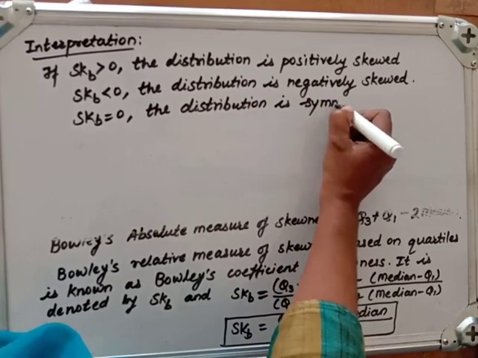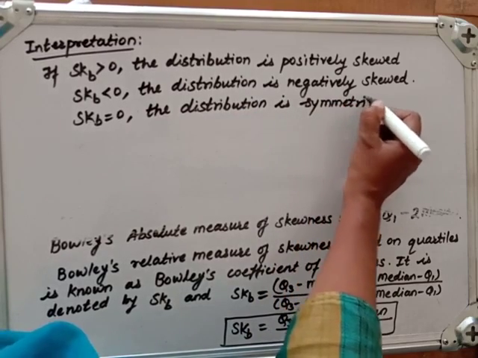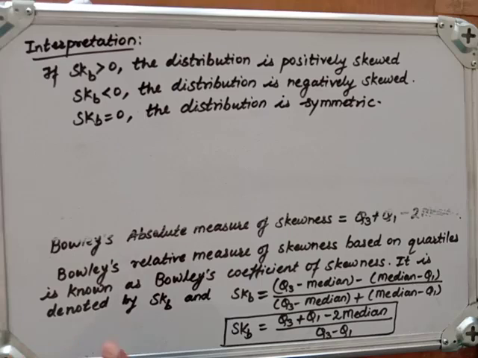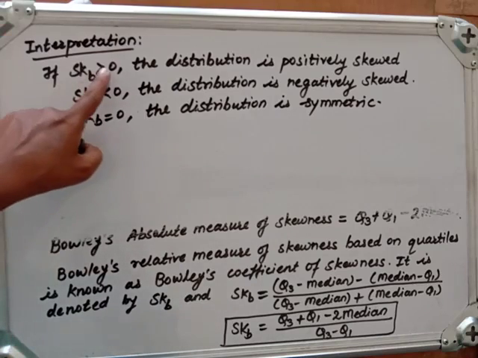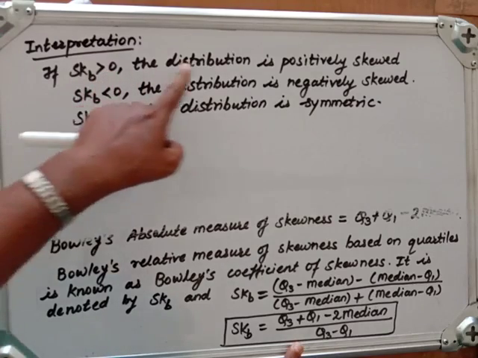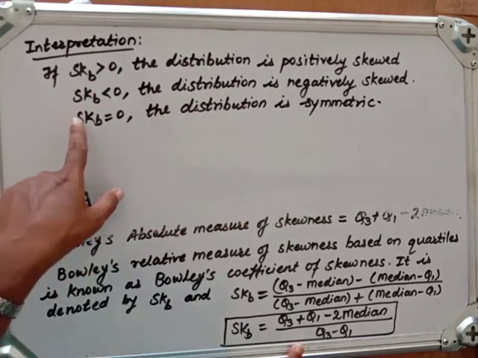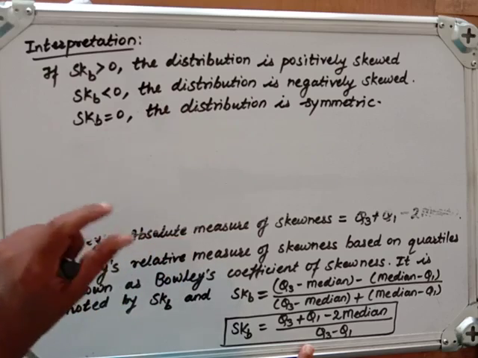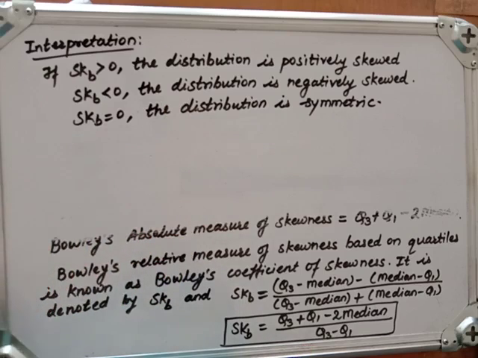It is just like Pearson's coefficient of skewness. If this value is positive, the distribution is positively skewed, if negative, negatively skewed, or 0, then it is symmetric.